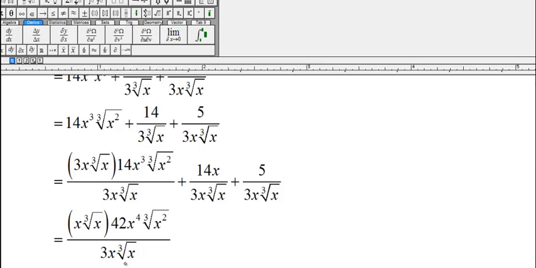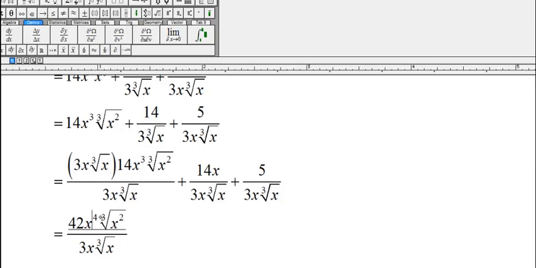The cube root of x times the cube root of x squared is actually another x. So this is x to the 5th. Plus the 14x plus the 5. So we could see it that way.